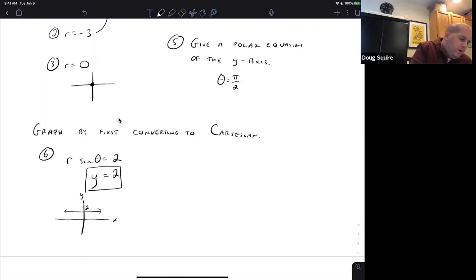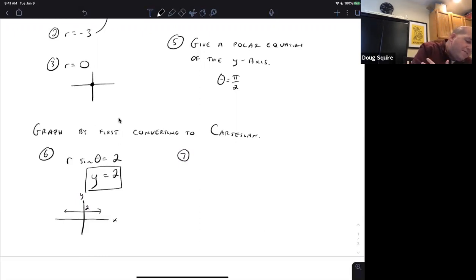Okay, and so when you're doing these, the idea is to try to get something that you know how to convert to show up. So you know that r sine theta is y. You know that r cosine theta is x. You know that x squared plus y squared is the same as r squared.